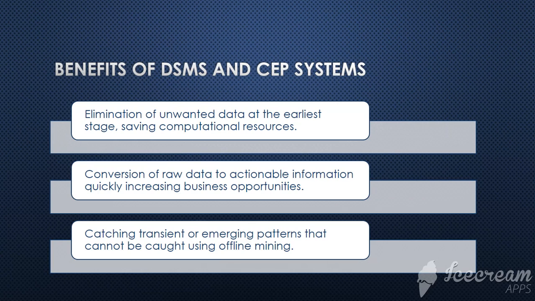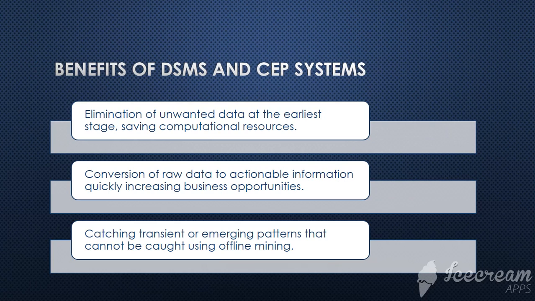The DSMS and CEP systems allow for actionable information to be quickly converted into business opportunities. This basically means that you get information as the data is coming in, not storing it first and then analyzing it.